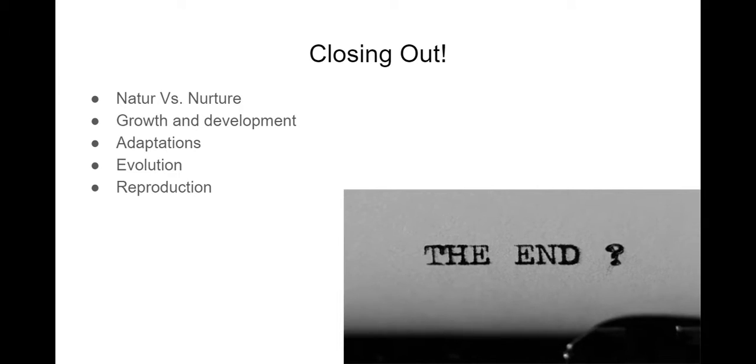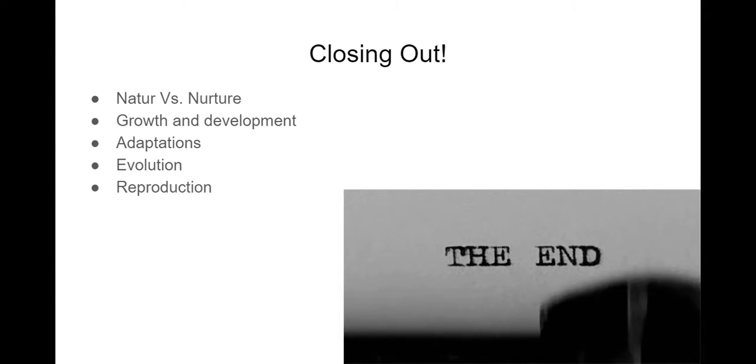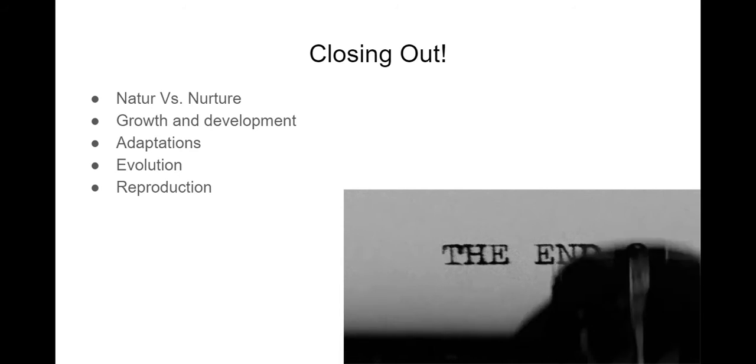That's why they are pre-recorded, so that you can access them at any time without interruptions. So once again, we talked about nature versus nurture. I misspelled nature on the slide, but it's supposed to be nature versus nurture. We discussed growth and development, the difference between the two. We also talked about adaptations. We reviewed evolution and reproduction.